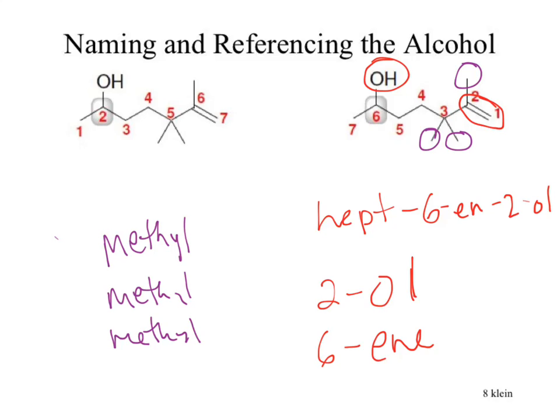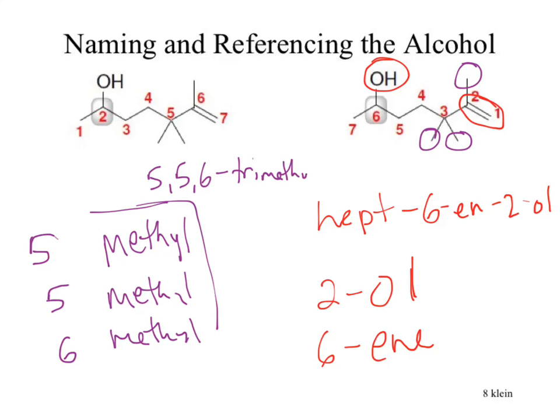Oh, sorry, I'm counting the wrong one. We've got one at 5, another one at 5, and another one at 6. Again, we can simplify our name and turn this whole system into 5,5,6-trimethylhept-6-en-2-ol. We've now specified where everything is.